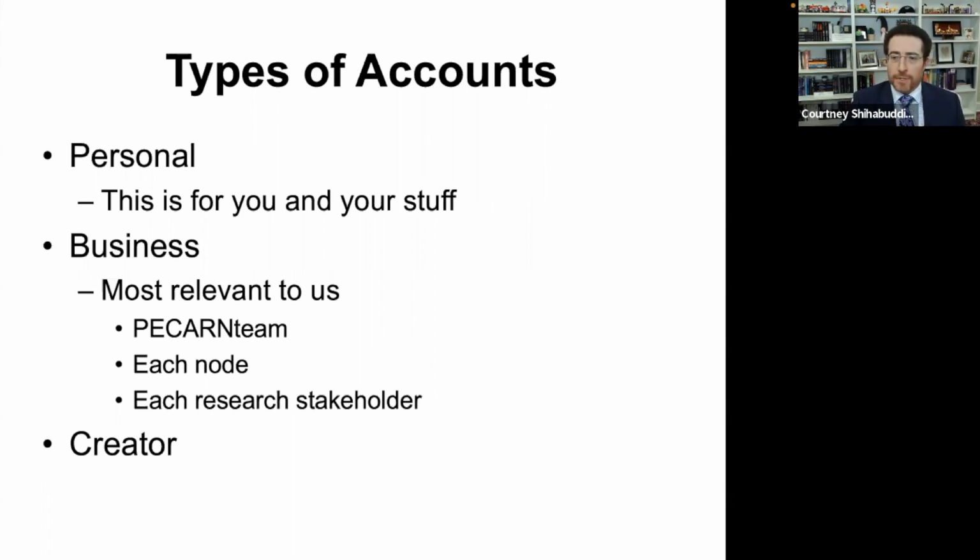Business accounts could be used for collaboration with other professionals and creating possible avenues for educational opportunities. Research network accounts, PCAR team, for example, could bring multiple accounts from research centers and researchers themselves together and share all the efforts on the network. The last type of account is the creator account, which is for monetizing purposes and financial gain through Instagram.